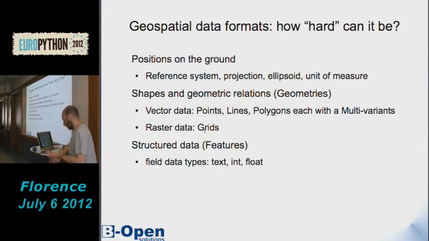Vector data can have points, lines, and polygons, and also the multi variants, that is multi-polygons and multi-lines, and all of this may be embedded in your format in the most strange ways. And then usually you also have structured data, that is some DB-like field data types associated with each geometry, and these are usually called features.